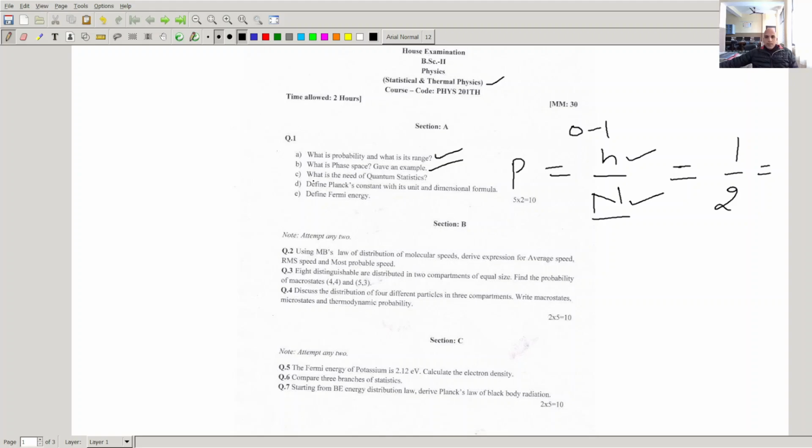Now I'm coming to the next question. It is C. What is the need of quantum statistics? Why do we need quantum statistics?